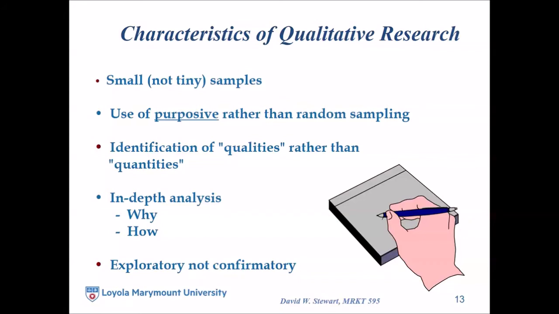But when I say small, I don't mean tiny. 1 or 2 people is not enough. But because what we're trying to do is to really understand the customer, we want to spend a lot of time with that customer. And so we sacrifice a big sample for spending a lot of time with an individual customer.